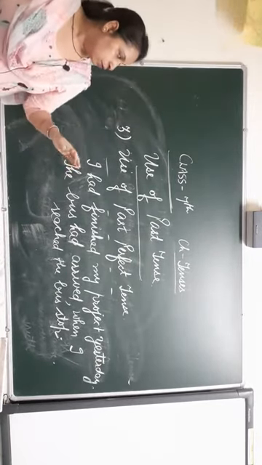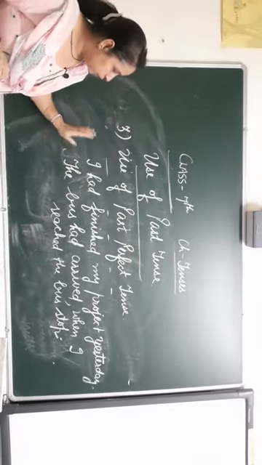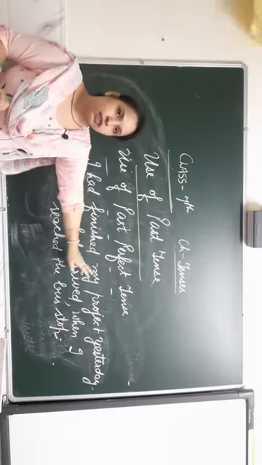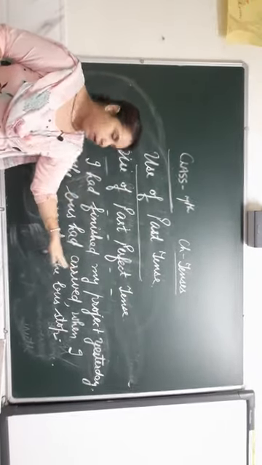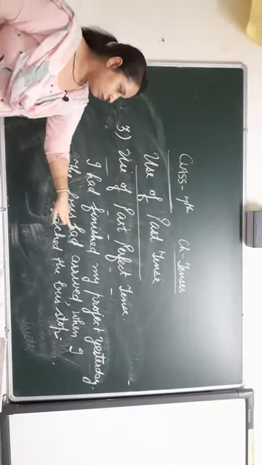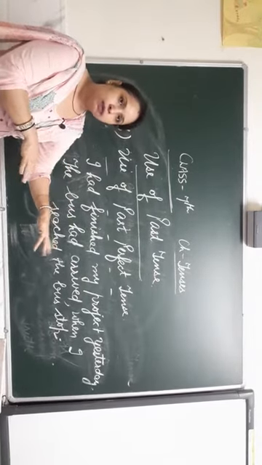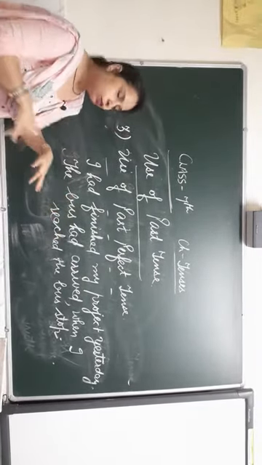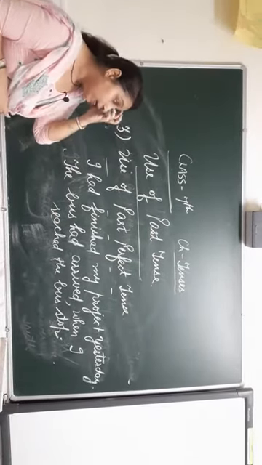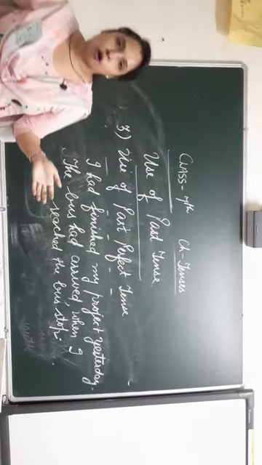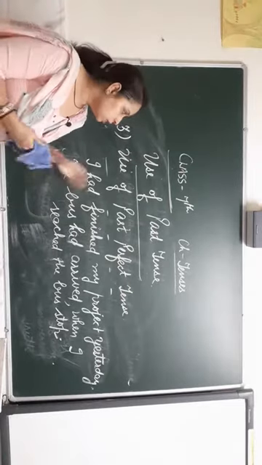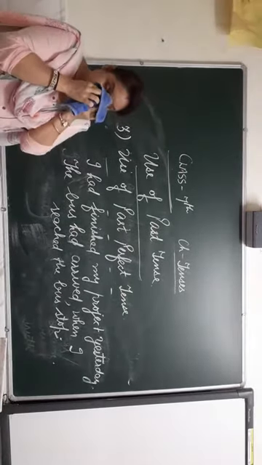Okay, one more I will explain to you. I had finished my project yesterday, showing the completion, and the bus had arrived already there, मतलब ये हो चुका था. So this is also showing the completion, when I reached the bus stop. So this is the use of past perfect tense.